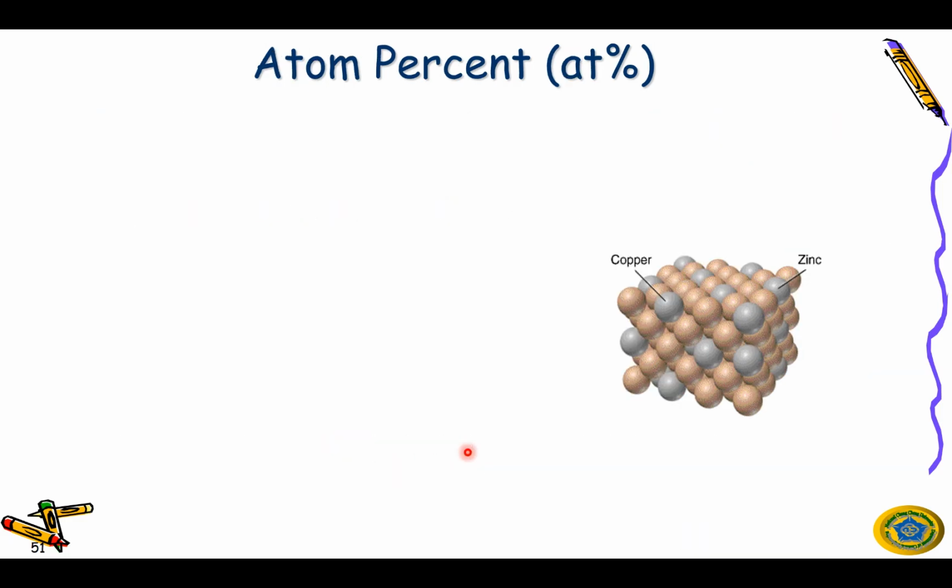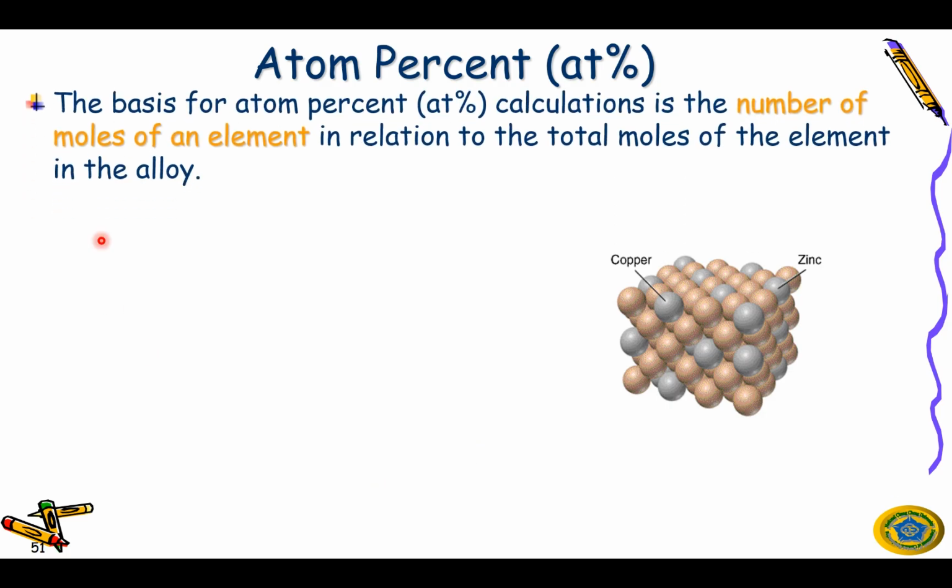That's easy. What is atomic percent? You count by moles. The basis of the atom percent calculation is the number of moles of the element. Of course, the number of moles means the number of atoms, right? That's the same, because 1 mole equals 6.02 times 10 to the 23 atoms of an element.